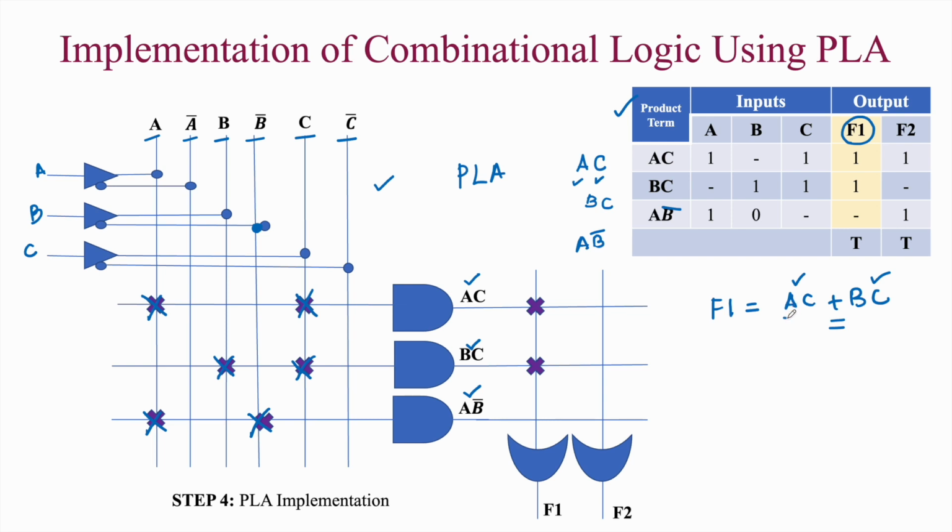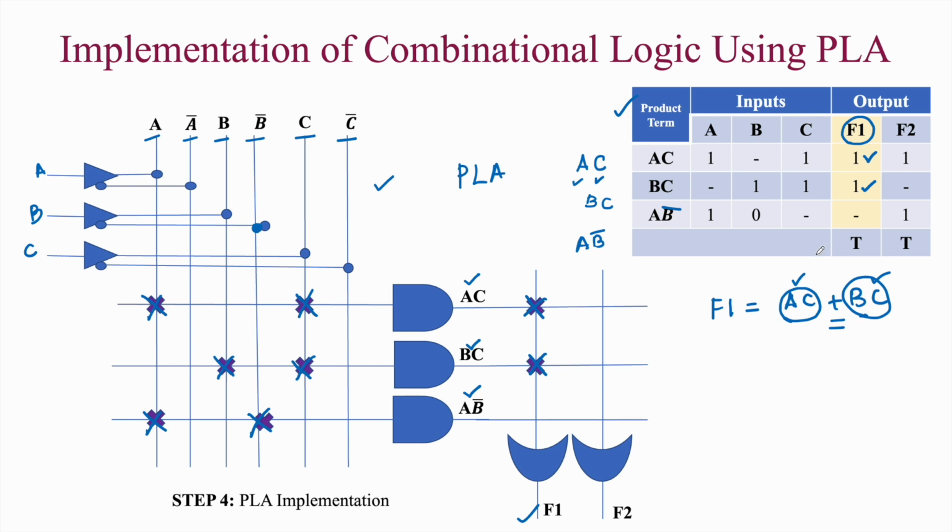Therefore we have to establish a connection for AC and BC. We take these two terms and give them to an OR gate, that becomes the function F1. We have AC as well as BC in the function F1. So F1 programming is done.